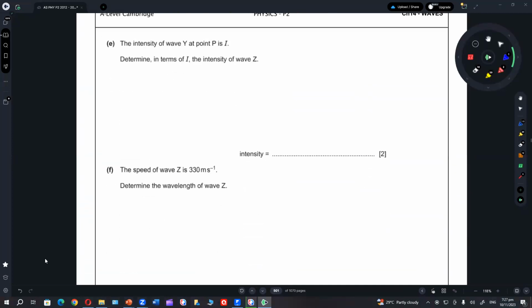The intensity of wave y at point P is I. Determine in terms of I the intensity of wave z. Now the formula I1 upon I2 is equal to A1 upon A2 whole square. We had a formula of this version.